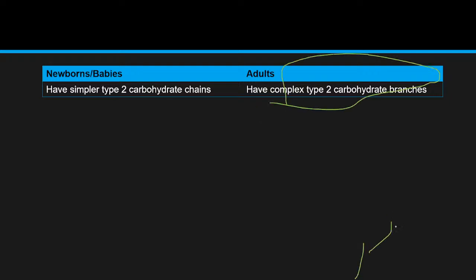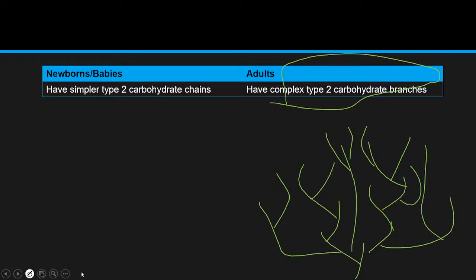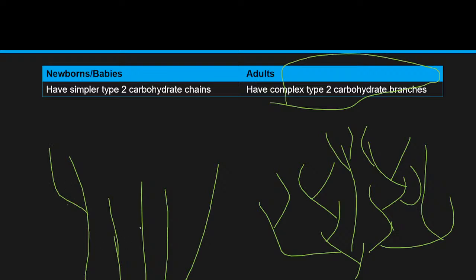For example, this is the type 2 chain of an adult. It's much more complex because adults are exposed to the environment much more often than newborns. And for newborns and babies, it's basically just like this. There's probably a couple of branches, but that's the extent of it.